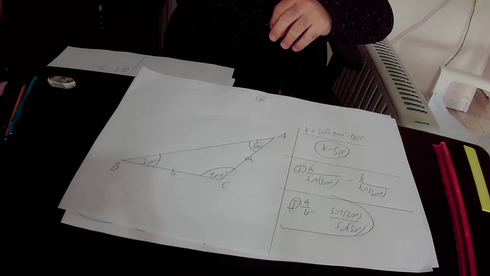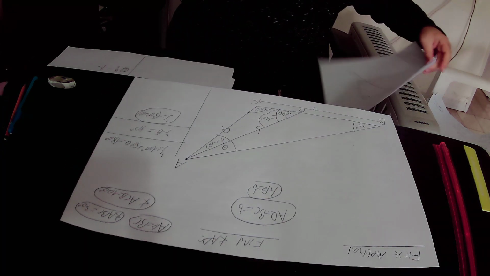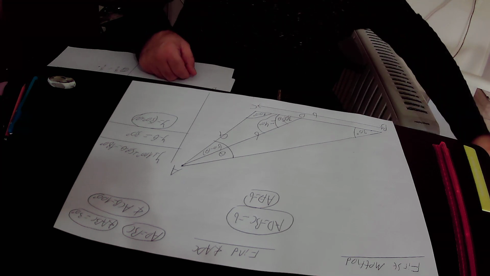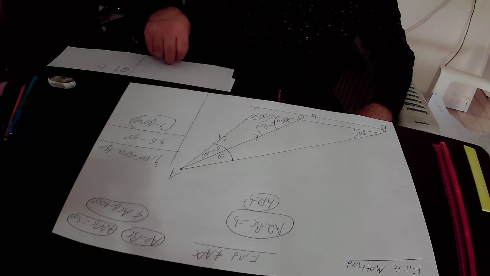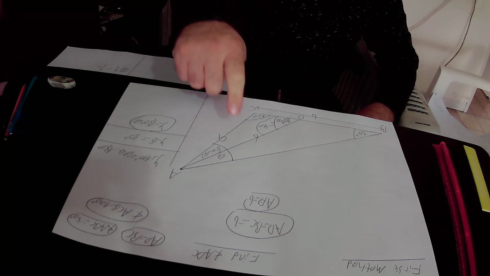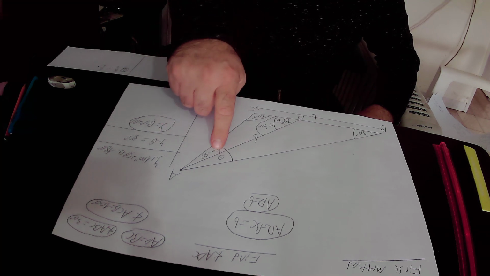Then we focused on triangle ADC. So I copied triangle ADC in the new page, and we implemented the law of sines in this triangle ADC. But first of all, we have already found that this angle BAC equals 50 degrees.